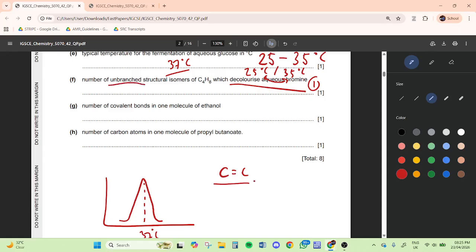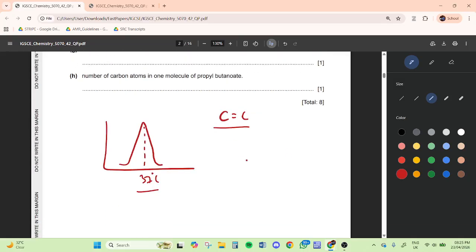When we're talking about unbranched, it means all your carbon chains are going to be within one line. So they want something like this: carbon, carbon, carbon, carbon. This is unbranched; it's going straight. The minute you go something like carbon, carbon, carbon, and then you've got a carbon over here, then a carbon over here, this becomes branched.